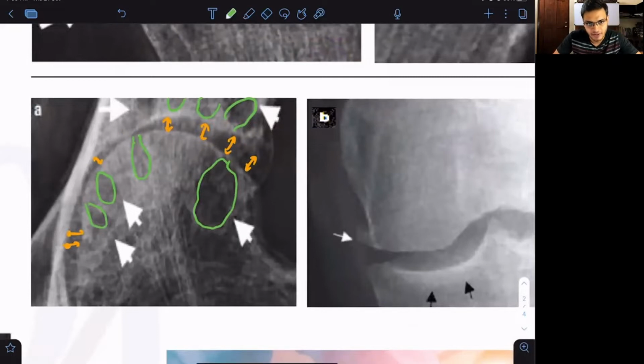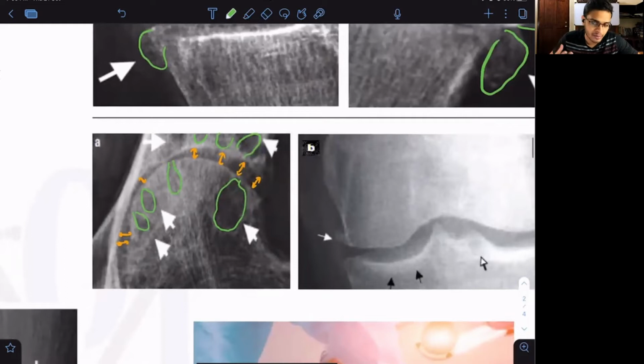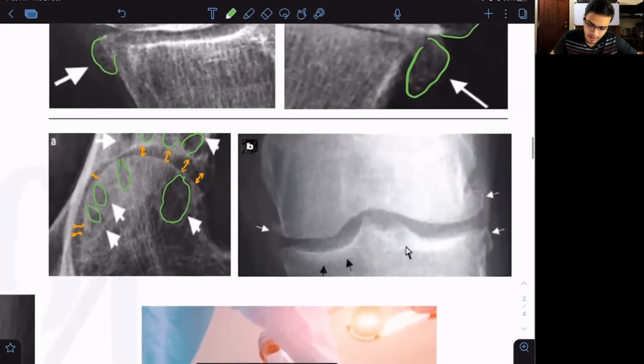Some of them are completely healed, the cortical bone has healed, okay? Subchondral cyst, guys, what is it filled with? What is the liquid inside? Synovial fluid, okay? It can obviously have some inflammatory infiltrates and all of that, due to the nature of the osteoarthritis, but it is basically synovial fluid, right?